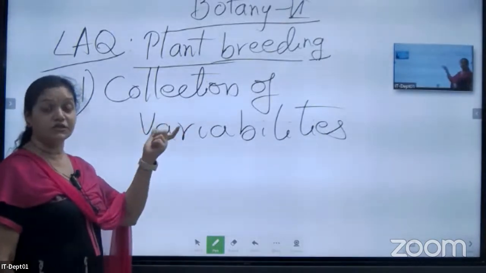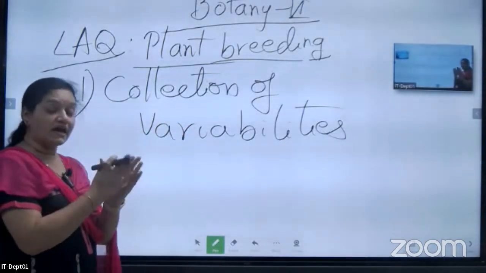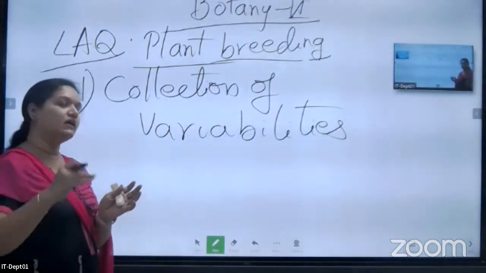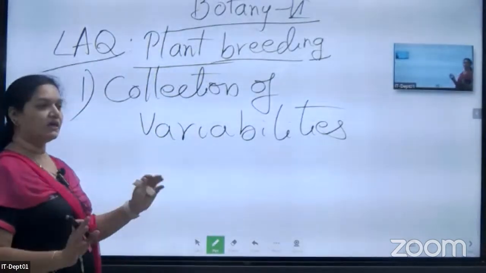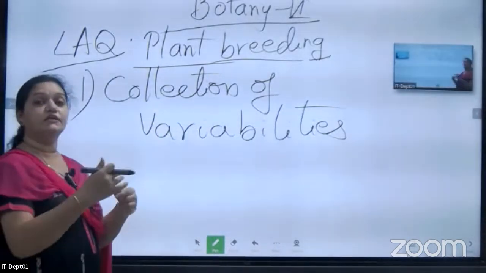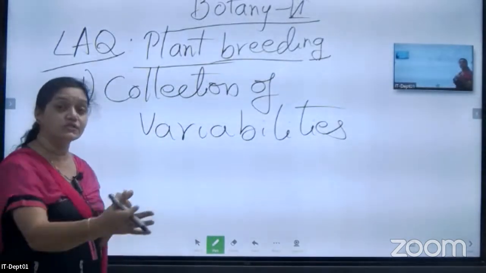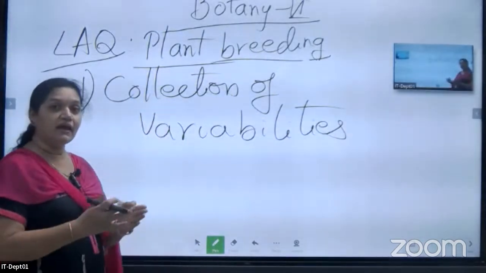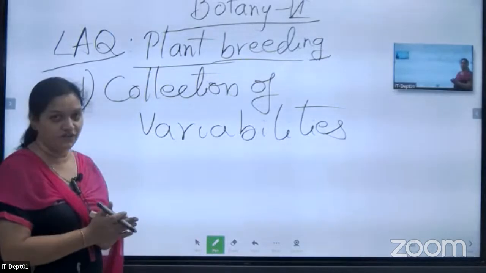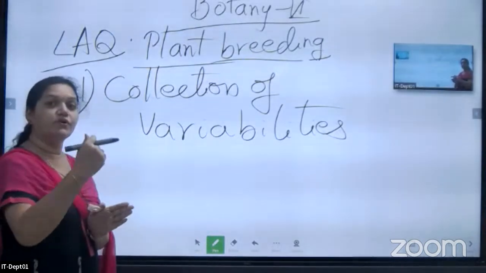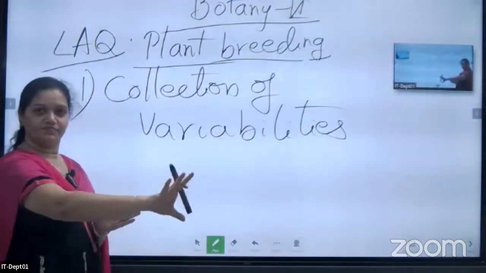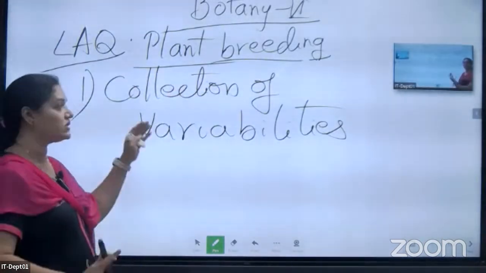What is meant by collection? If you know these side headings, it is easy to write the answer. Collection of variabilities means we need to collect different types, different varieties, and collection means we are gathering them at one place. If you expand on this, that is the answer for that one step. That much easy is this answer.